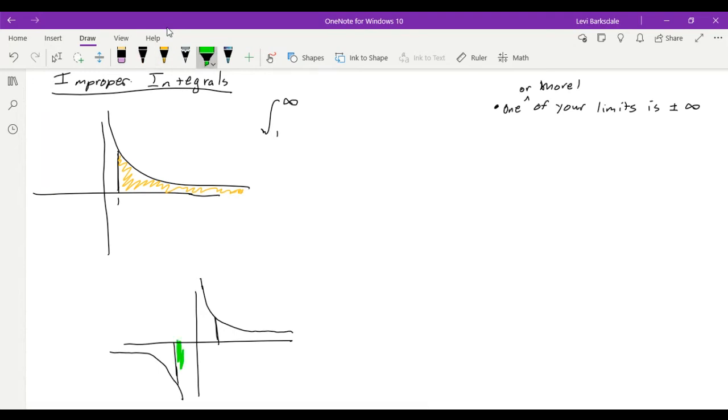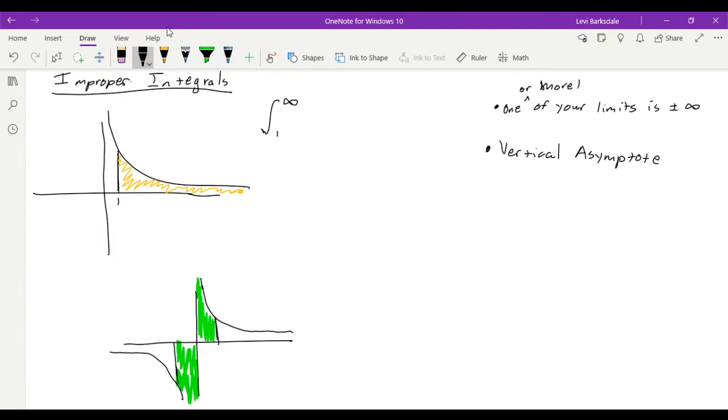Well, that would give me basically this area right here. And here we actually see we have a vertical asymptote. And that's another thing that can make an integral improper, a vertical asymptote. So note that if either of these things happen, or both, you will have an improper integral.